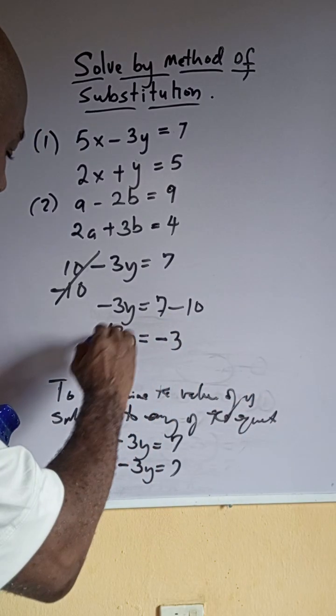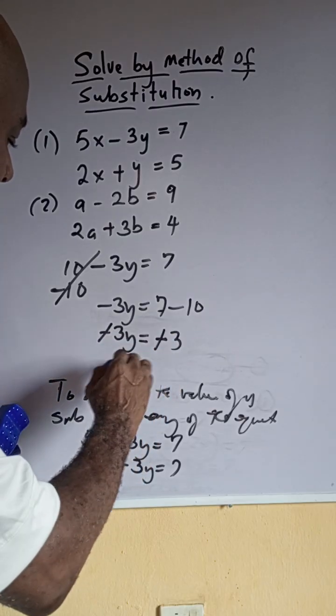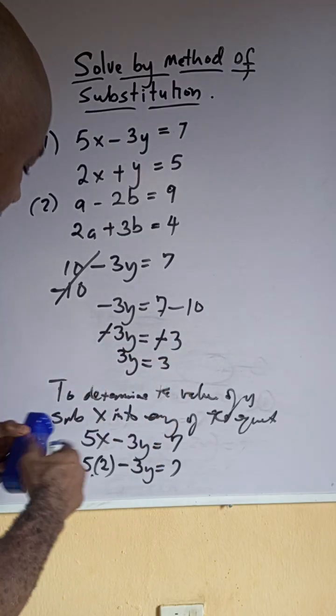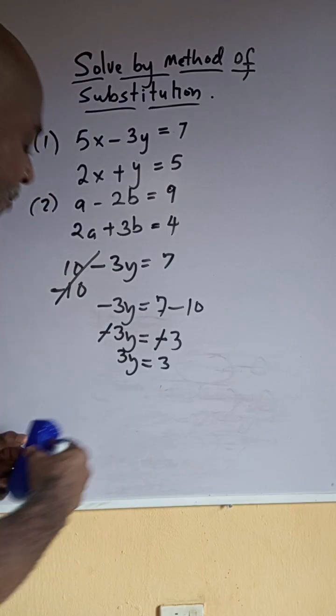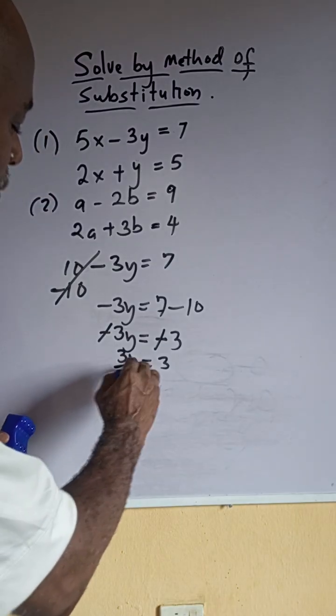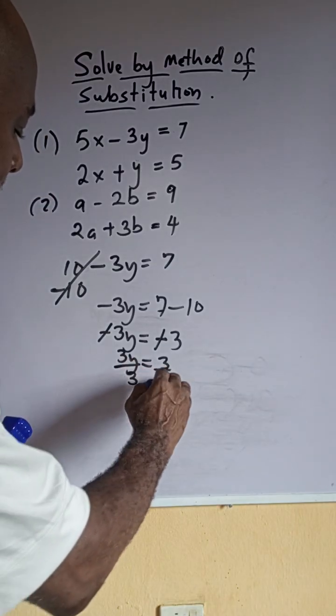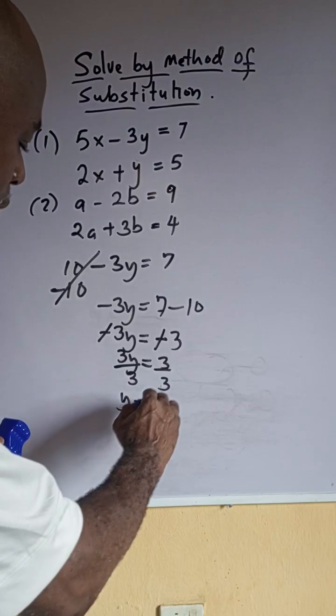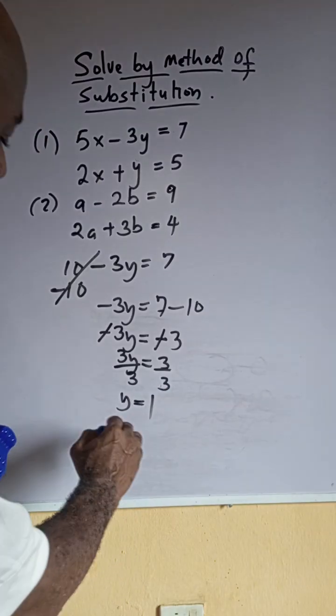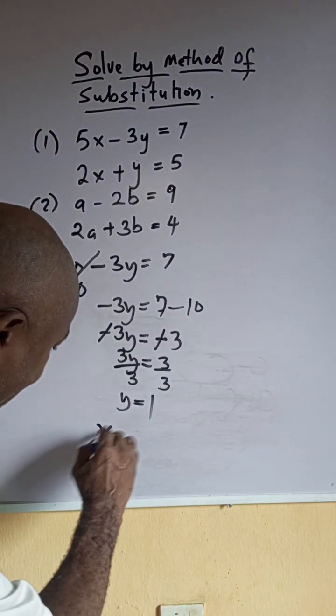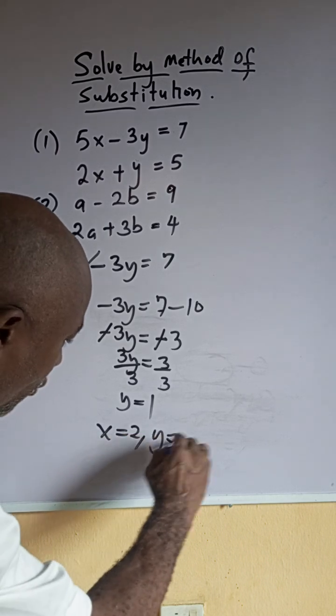Minus 3y is equal to minus 3, so that negative cancels negative. Finally, since we're looking for y, we divide both sides by 3, so that y is equal to 1. Finally, x is equal to 2 and y is equal to 1.